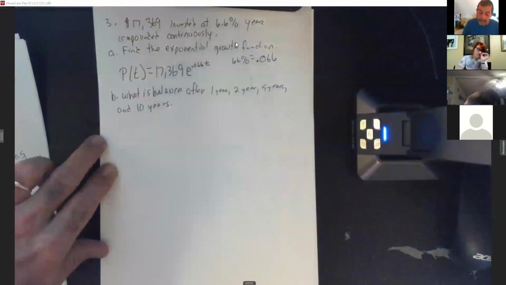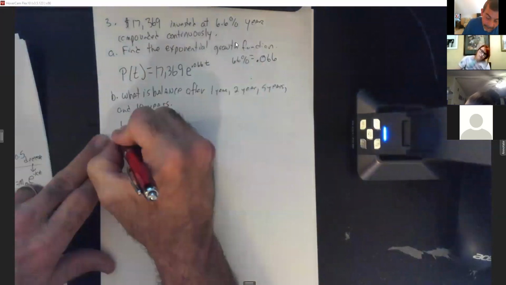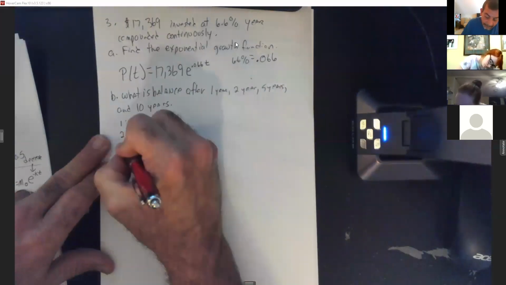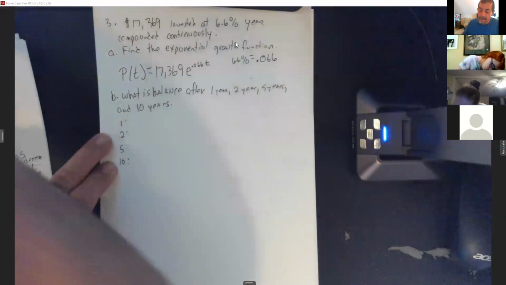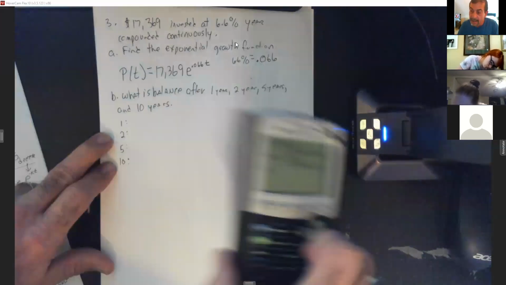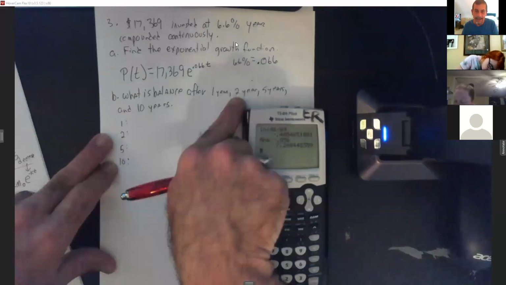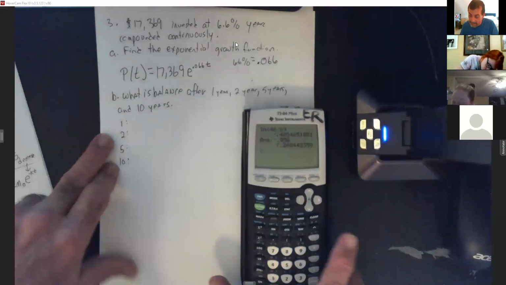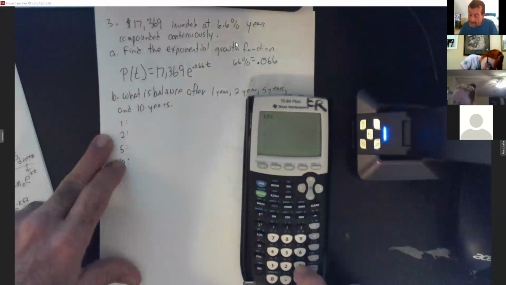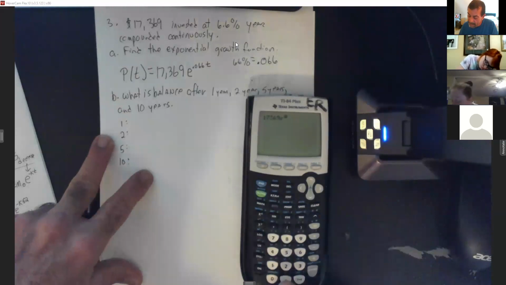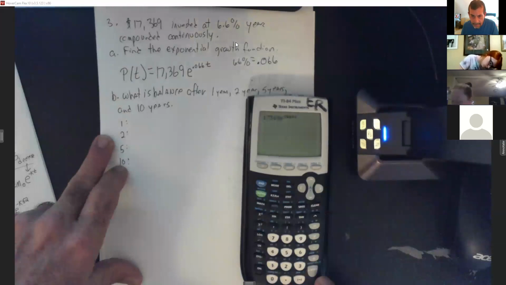So let's see, 1, 2, 5, and 10. All I'm going to do is use my formula, and in place of the t, put a 1, then in place of the t, put a 2, and so on. So my formula is 17,369, second ln to get to e, 0.066 times 1.